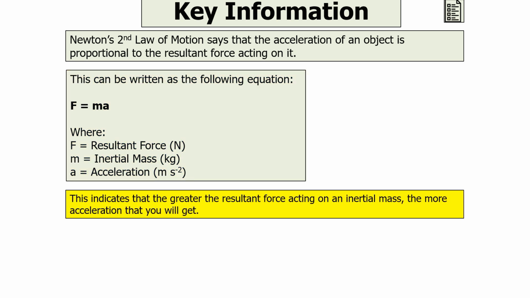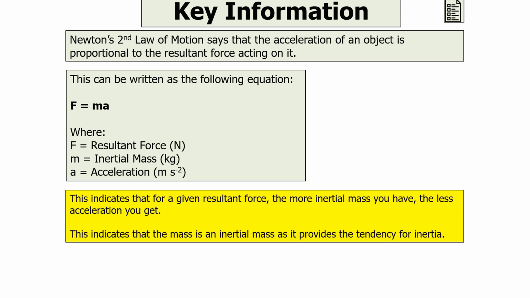This indicates that the greater the resultant force acting on an inertial mass, the more acceleration that you will get. It indicates that for a given resultant force, the more inertial mass you have, the less acceleration you get, which indicates that mass is an inertial mass as it provides a tendency for inertia.